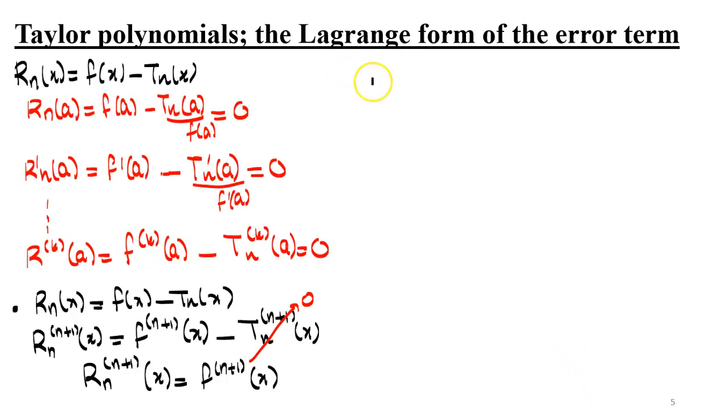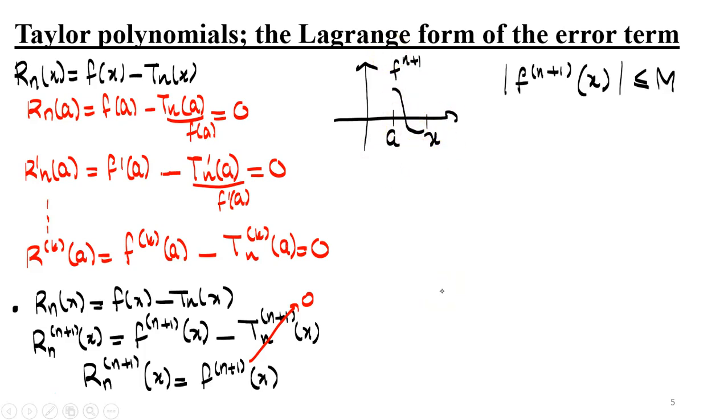So let me do a small sketch again. Now we're working between a and x, and suppose that the derivative of order n plus 1 has this shape. So this represents the derivative of order n plus 1 of f over the interval a, x.